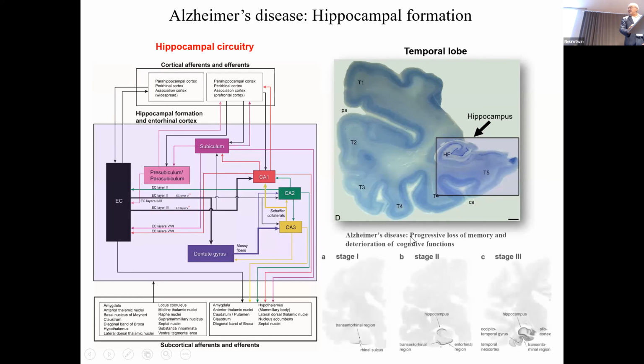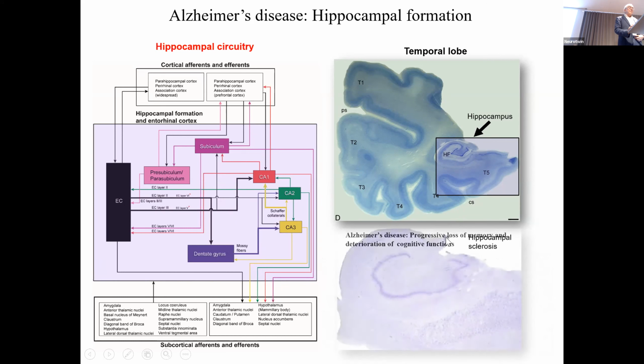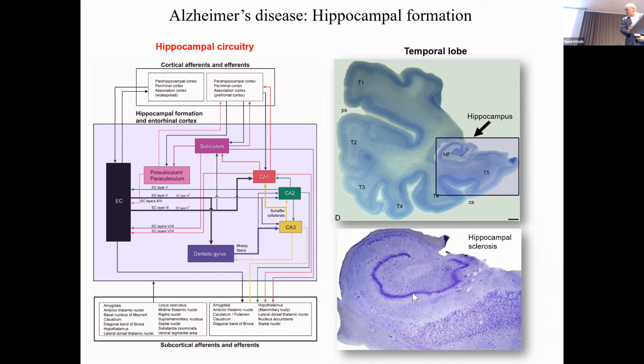And this is important because, as I said before, in the early stage of Alzheimer's the hippocampal formation, the perirhinal cortex and entorhinal cortex are the first regions of the brain that start to deteriorate. And not only that, but also in epilepsy. In temporal lobe epilepsy, one of the most typical alterations is hippocampal sclerosis.